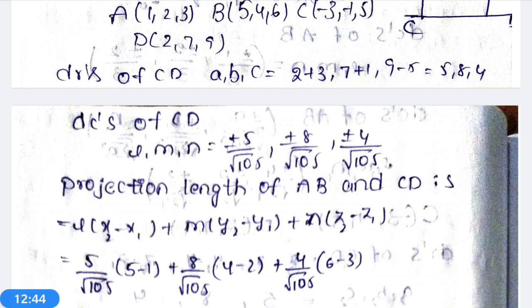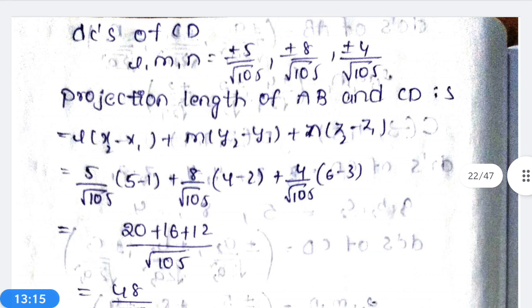5 by square root of 5 square plus 8 square plus 4 square, plus or minus 8 by square root of 5 square plus 8 square plus 4 square, plus or minus 4 by square root of 5 square plus 8 square plus 4 square, which implies DCs of CD are plus or minus 5 by root 105, 8 by root 105, 4 by root 105. Now projection of AB. Projection of the line joining AB on CD is L into x2 minus x1 plus M into y2 minus y1 plus N into z2 minus z1.